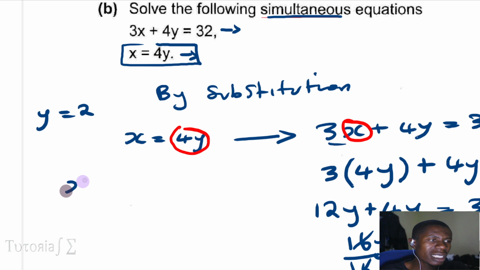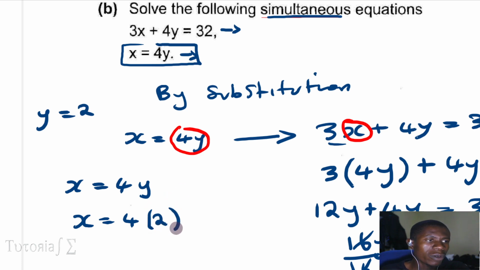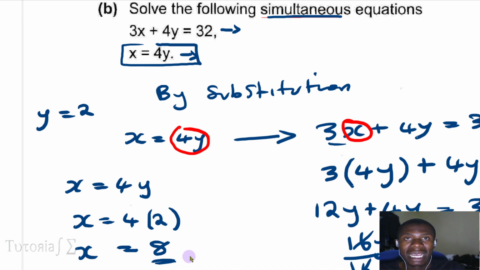So x is equal to 4y. Then we'll say x is equal to 4, but y is 2, so we can replace 2 there. Then x is equal to 4 times 2, which is 8. So these are the answers.